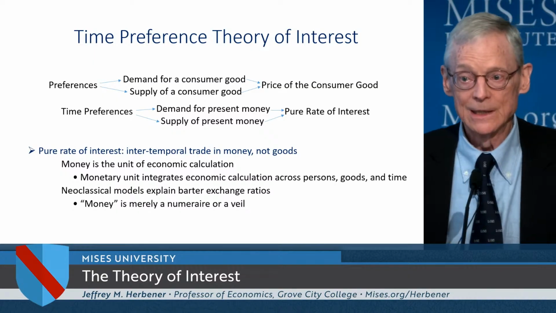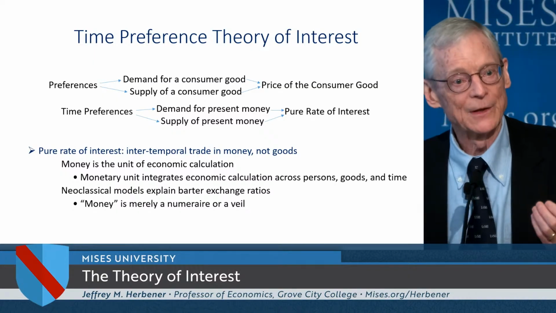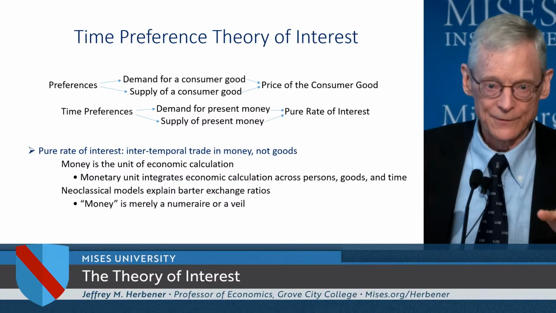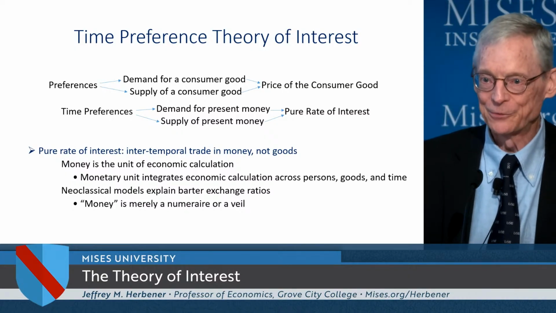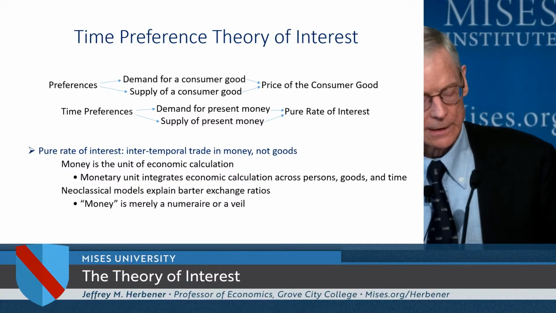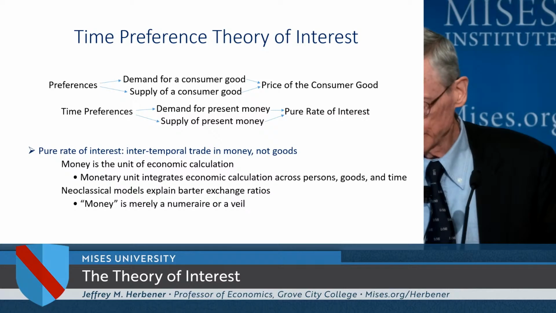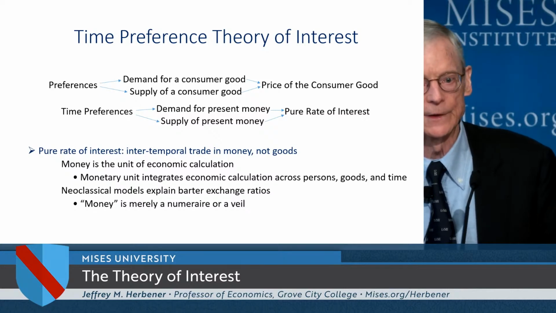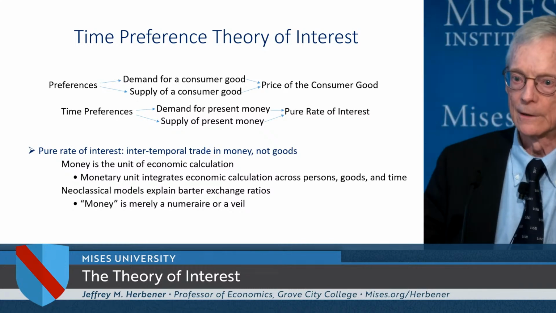They're doing this in money precisely because they want to be able to integrate that monetary result into all of the other monetary results of their costs and revenues and so on. And as I mentioned already, neoclassical models are almost always in barter exchange ratios, and then they just choose one of the goods as a numeraire, right?